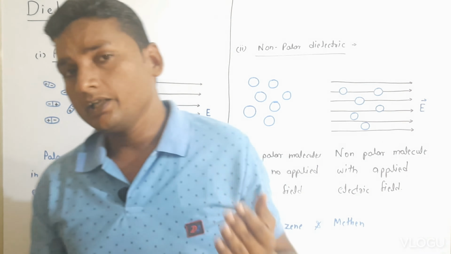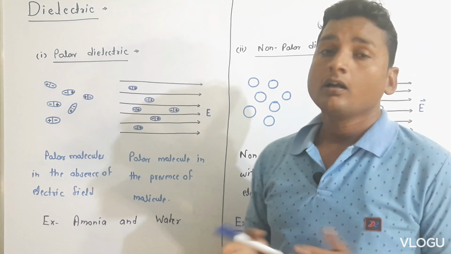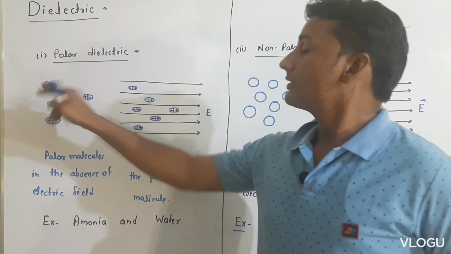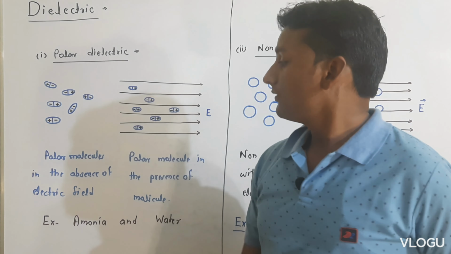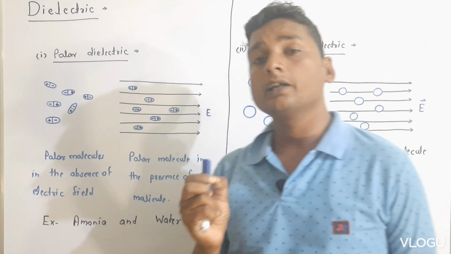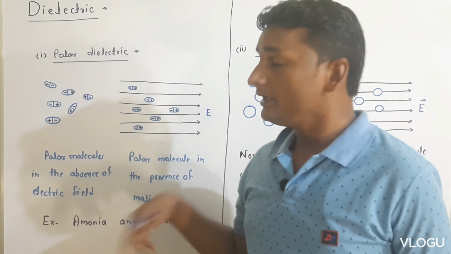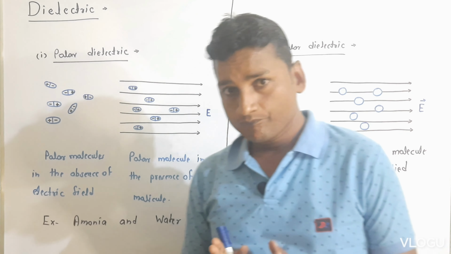In polar molecules the positive and negative centers do not coincide; they are separated by a certain distance. That's why a polar molecule has a net electric dipole moment even in the absence of an electric field.